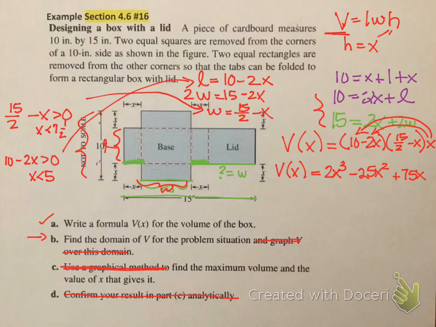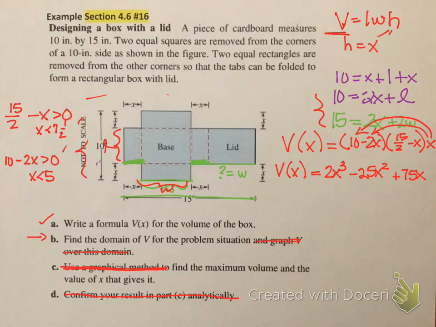All right, let's erase a couple things here for a minute so that I can refer to my picture. Guys, why in the world does x have to be less than 5? Well, let's think about it.